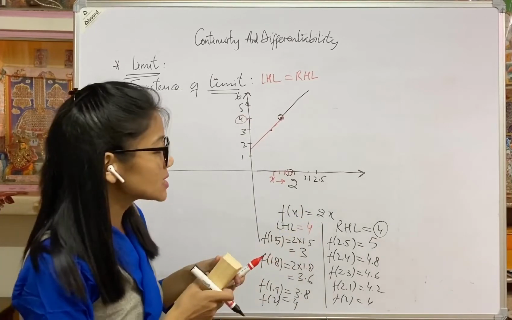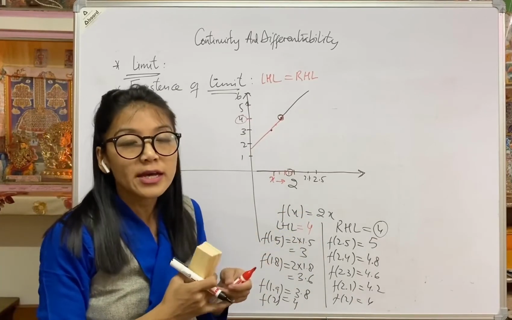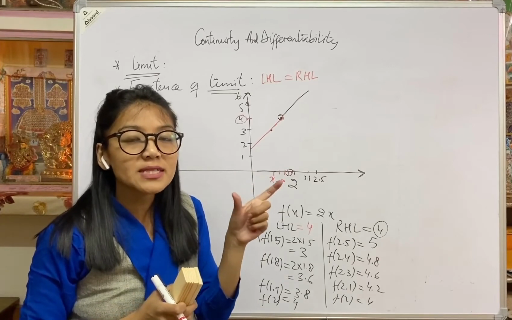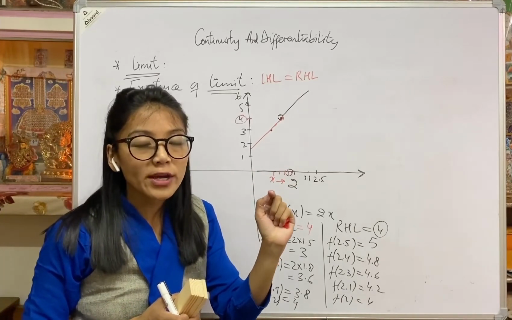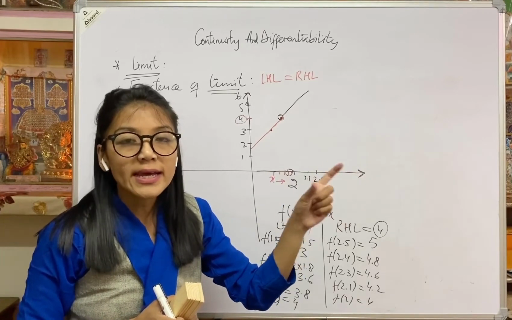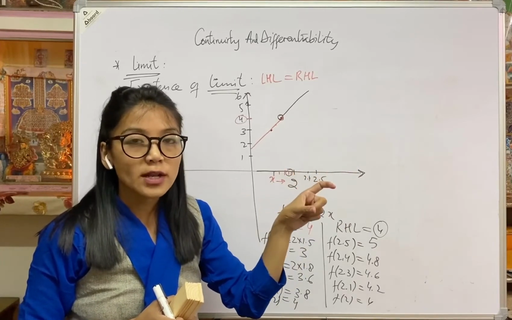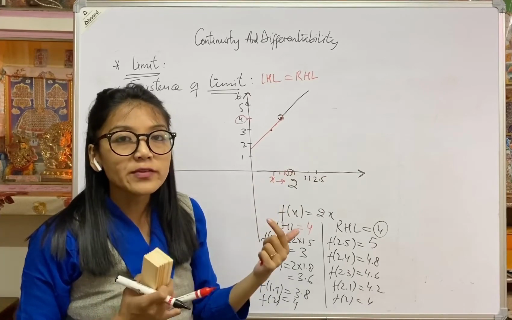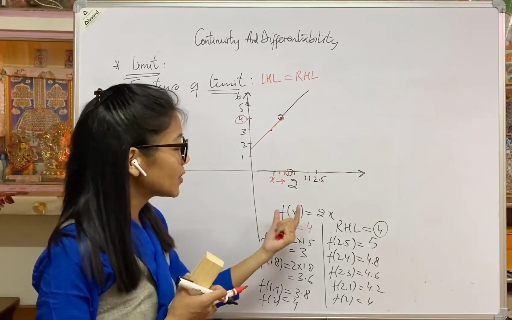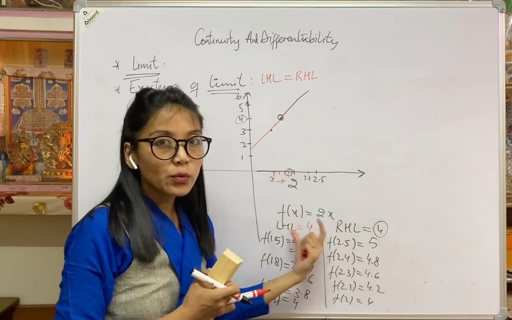Is that clear? So this is how we check the existence of the limit. When we simply define the limit, we say that when x is tending towards a certain point, f of x will tend to a point, and that point is called the limit of the function. This is the general definition of limit. But when we check the existence of the limit, we have to do it in two ways.